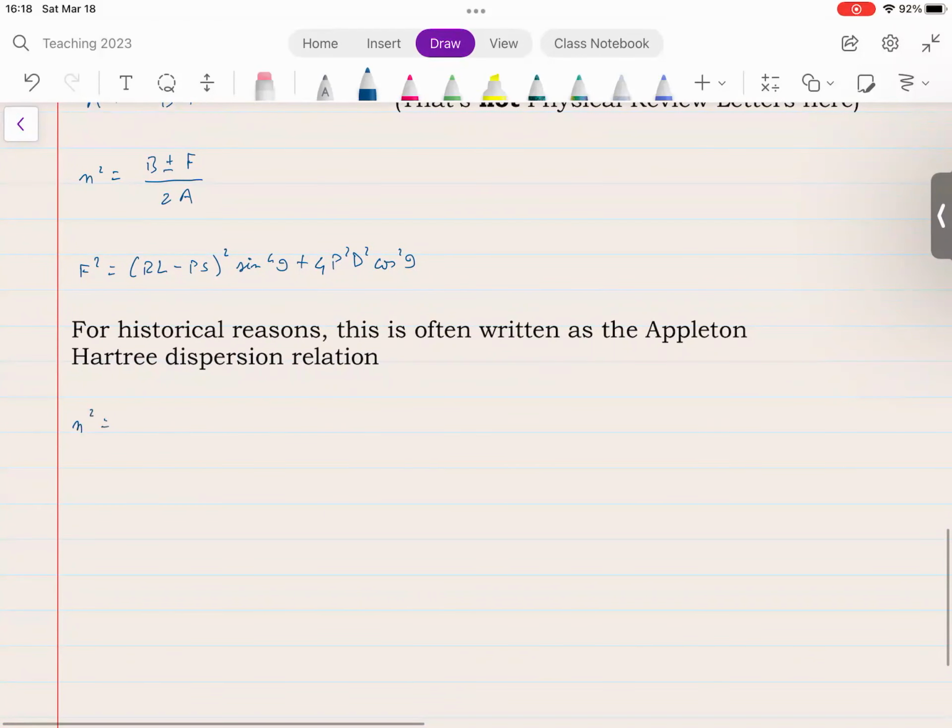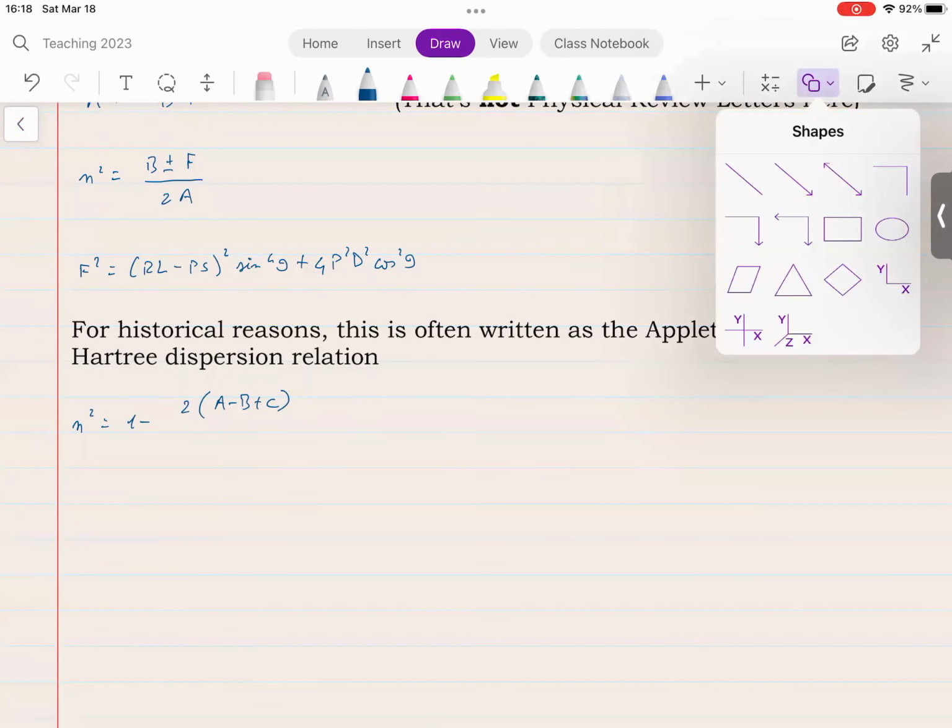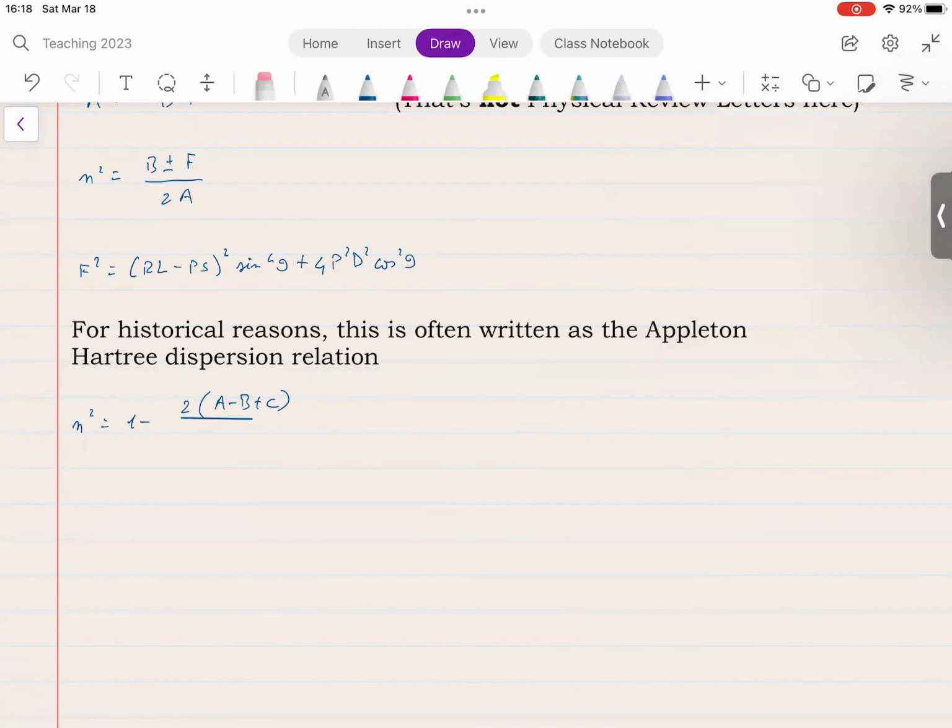n squared is equal to 1 minus 2A minus B plus C divided by 2A minus B plus or minus F, where C is PRL.